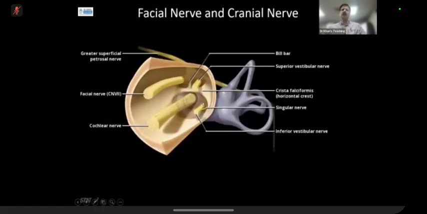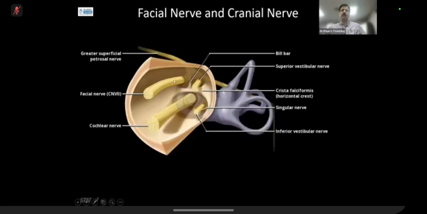Now, this is a potential exam scenario, because we can see it on an MR, on a sagittal sequence of MR. Within the lateralmost part of the internal auditory canal, actually there are 4 nerves. And as I was telling you, they can be seen on an MR, and this has been asked in the examination.